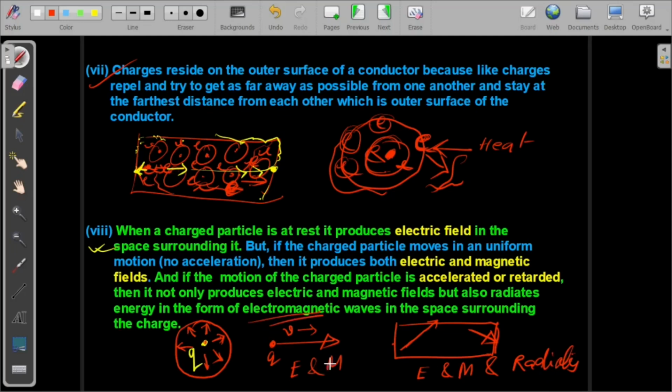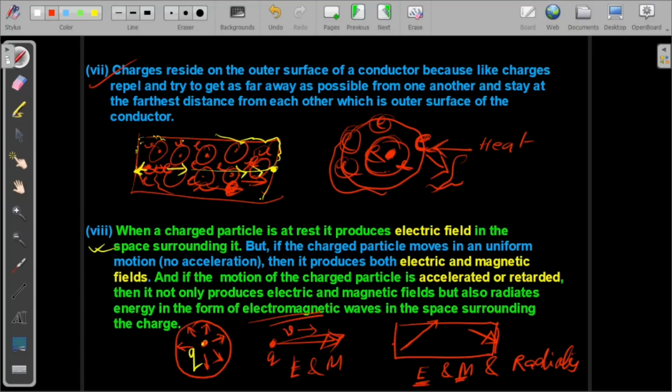Understood? So an accelerated or retarded charge creates electric as well as magnetic fields and radiates energy also. But if the charge moves with uniform velocity, it creates only an electric field and a magnetic field. But if the charge is at rest, it creates only an electric field around it. Keep in mind.